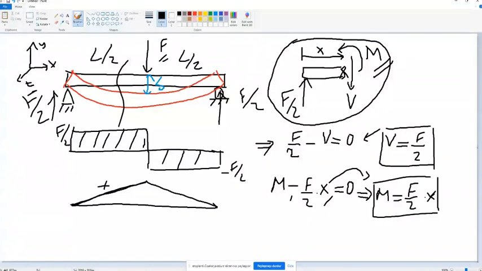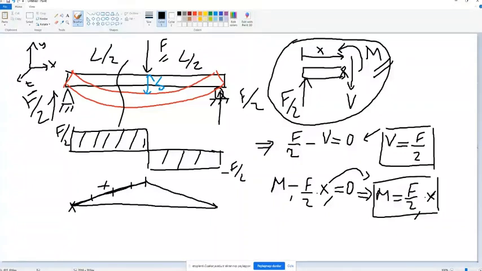It's a linear line, and again, because here is positive, you can remember from the polynomials, which is taking x starting from 0. If you put 1, multiplied by F over 2.